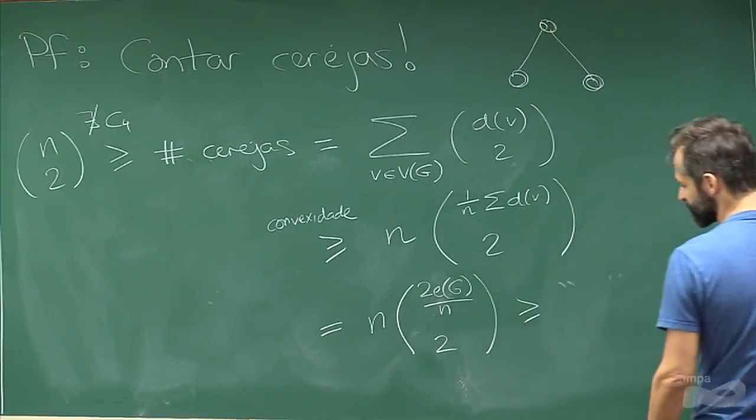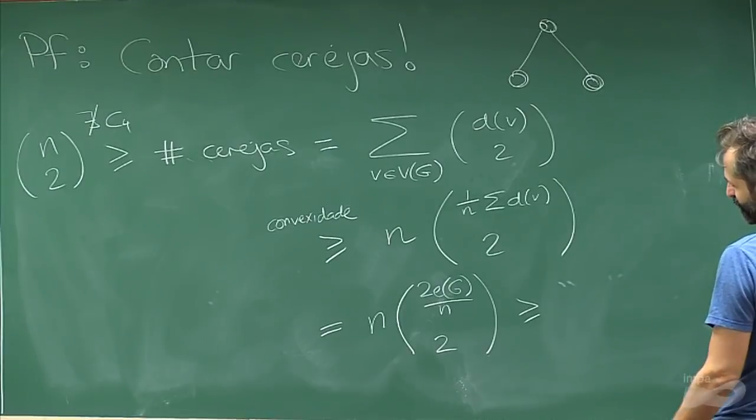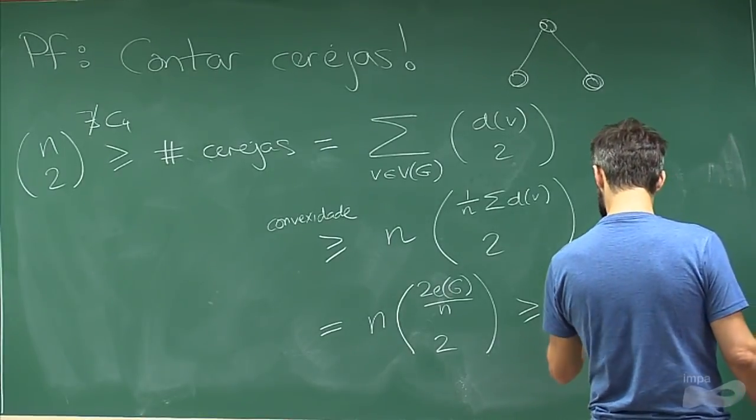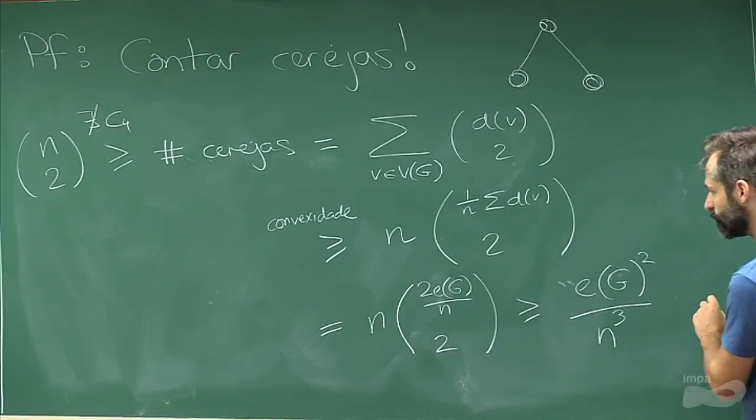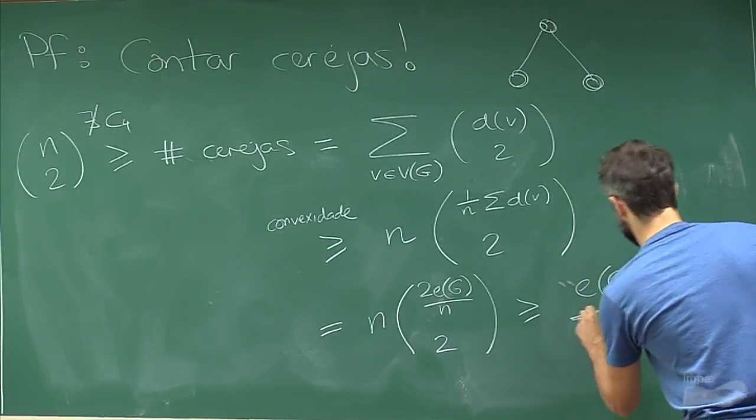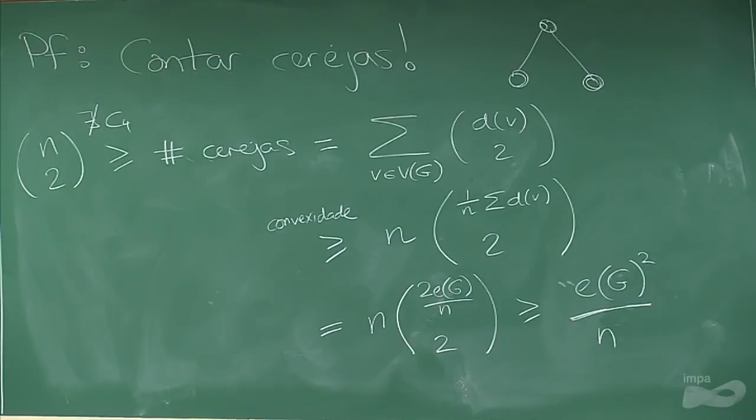Which is at least, let's forget the constants, e(G) squared over n. There was really a factor of 4 here and a factor of 2 there, so really I had a factor of 2 to play with.